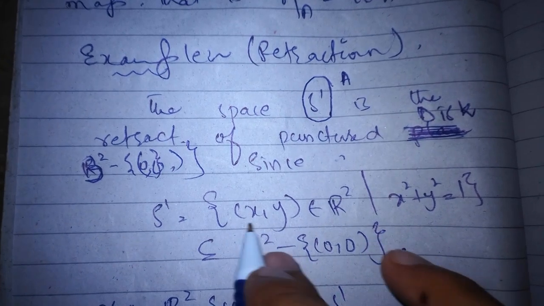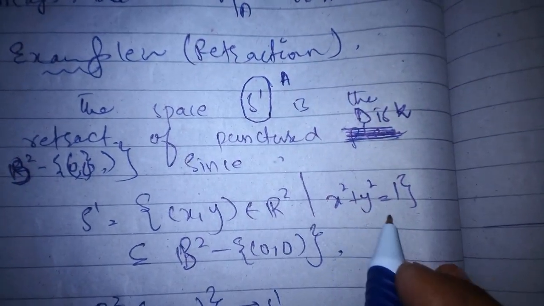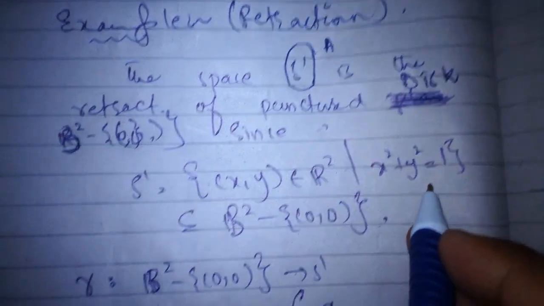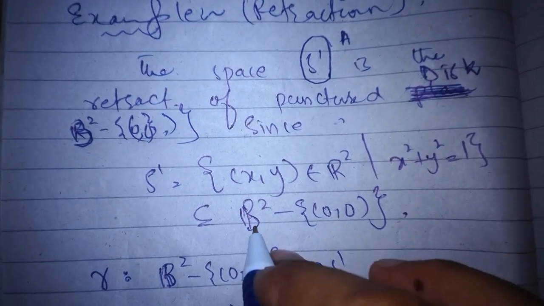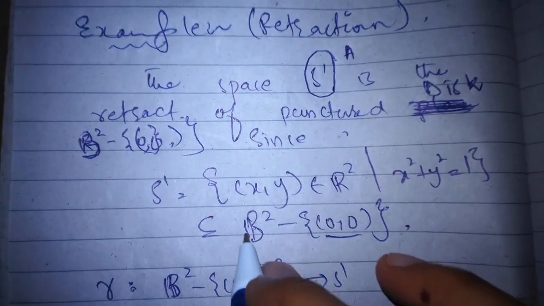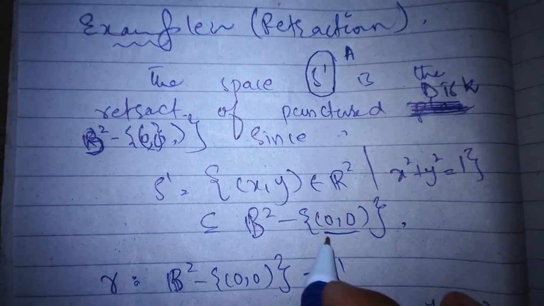S1 is the set of (x, y) belonging to R squared such that x squared plus y squared is equal to 1. This is the unit circle and this is the unit closed disk except the origin.